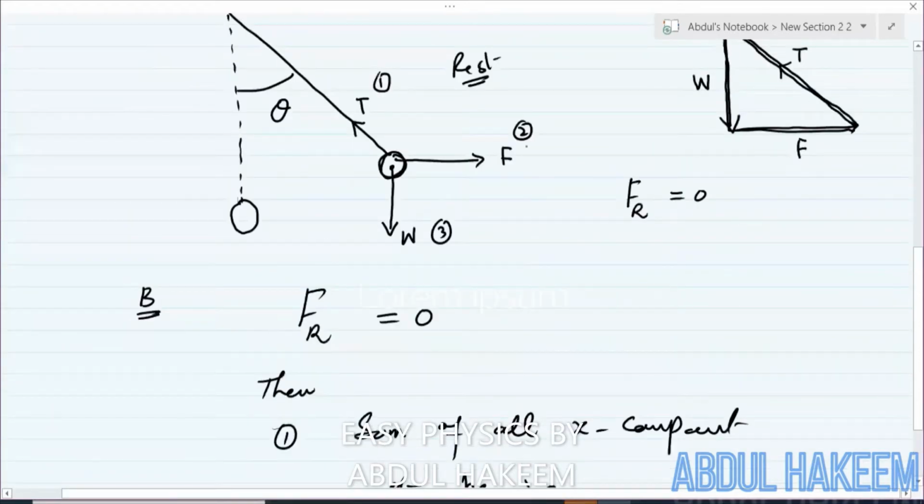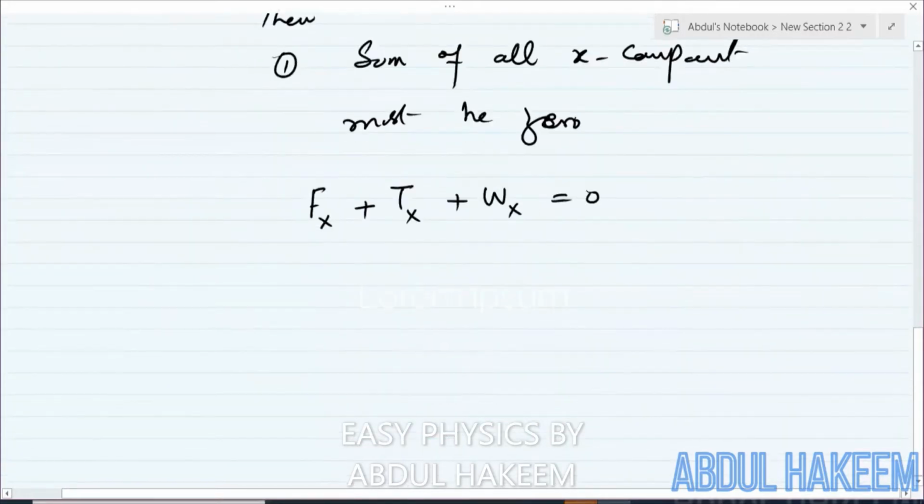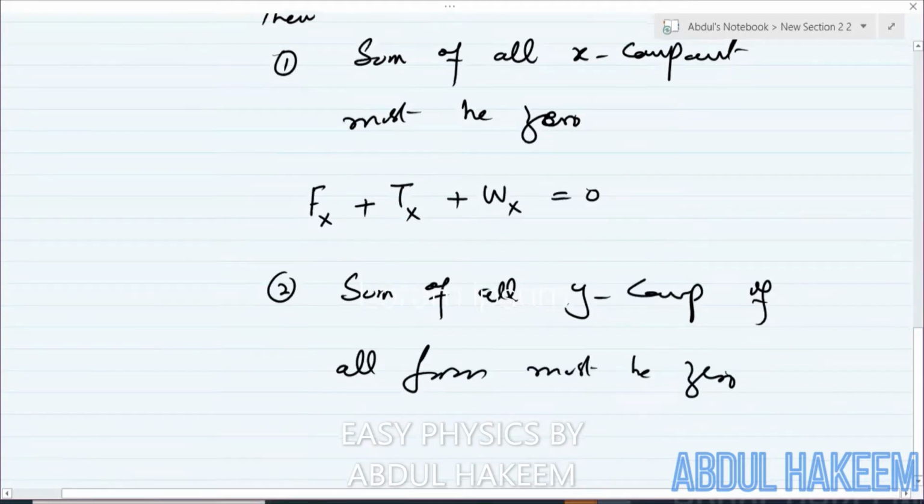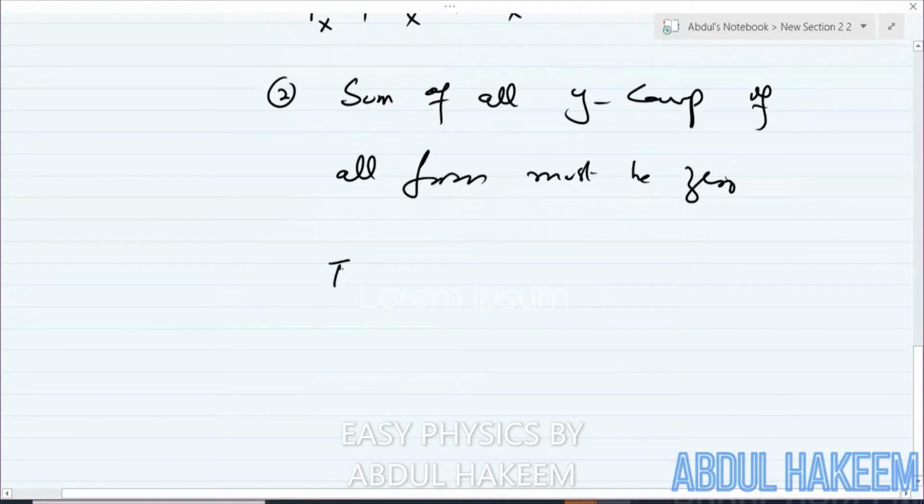The x components of all three forces must be zero. And number two, the sum of all y components of all forces must be zero. When their y components like Ty, Wy, Fy are added, the answer must be zero.